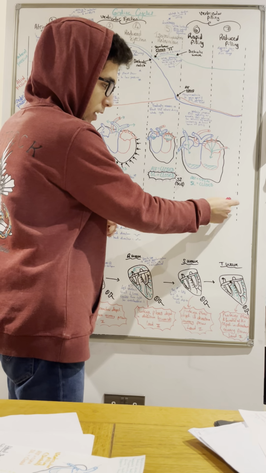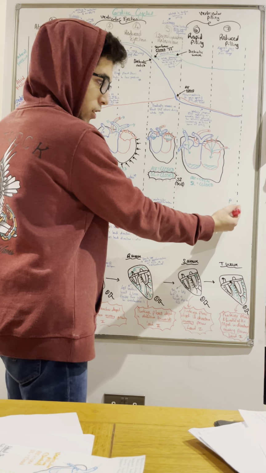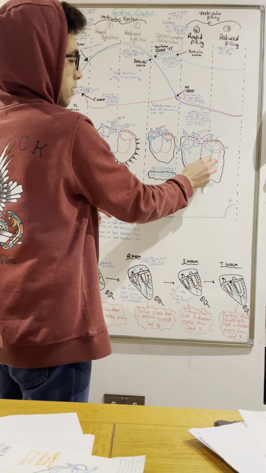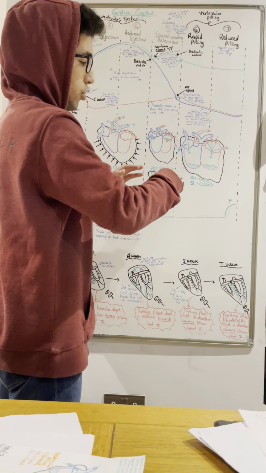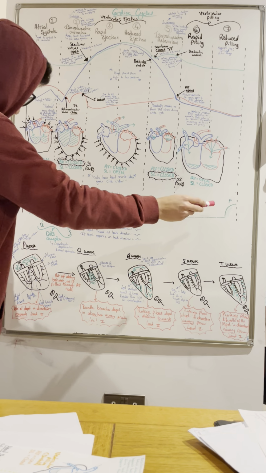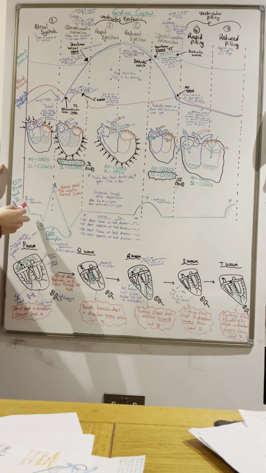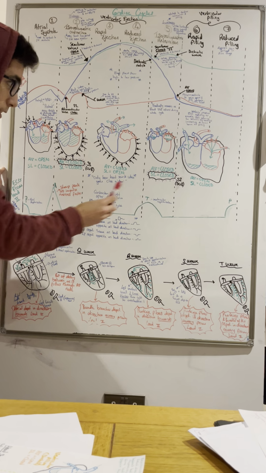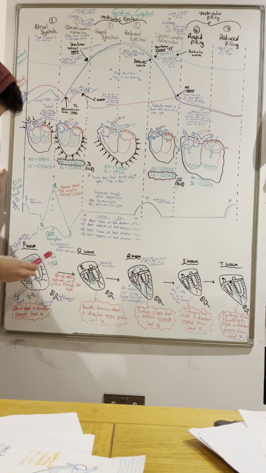This peak, the P wave: the first half of the P wave starts while the ventricles are finishing filling up. The P wave finishes in atrial systole as well, but it starts here.